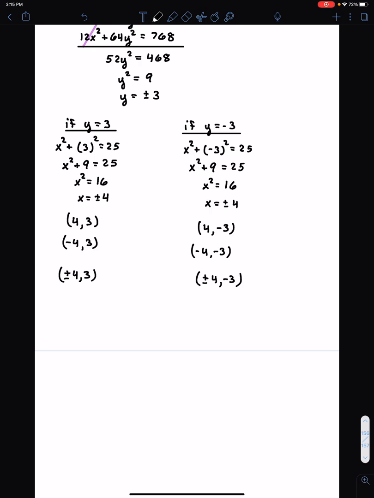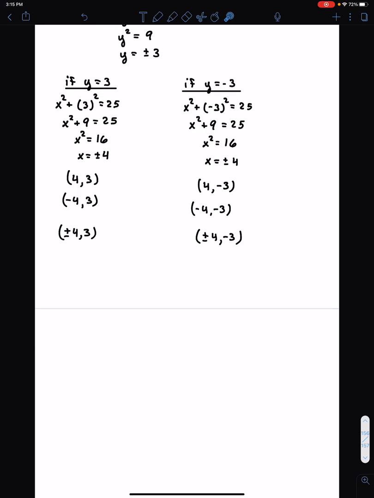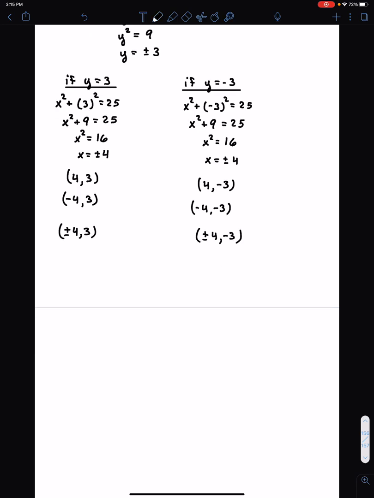So I have 4 answers altogether. The system may want you to list them like this. So it will only accept those 4 answers. If you combine them, it's plus or minus 4, plus or minus 3.